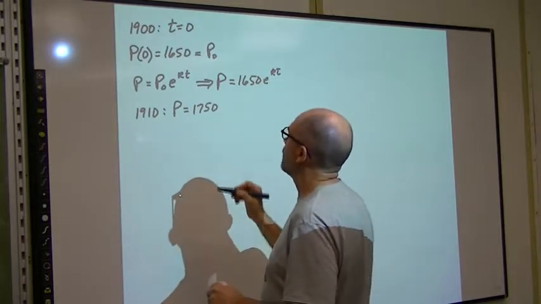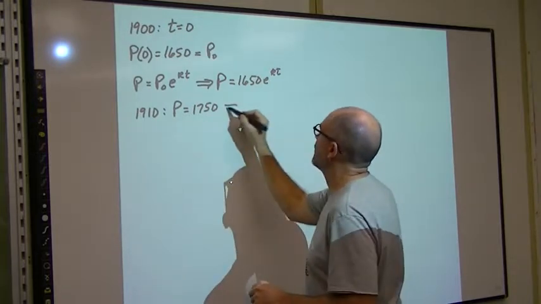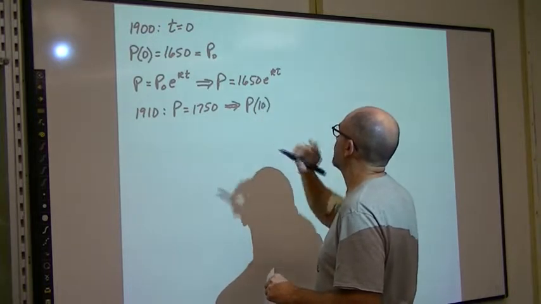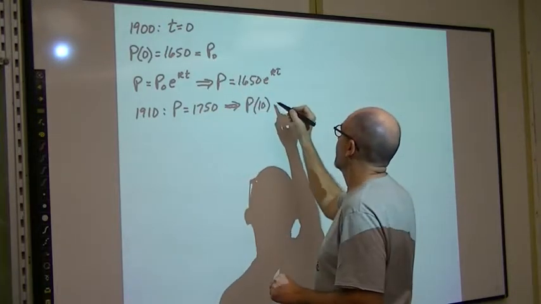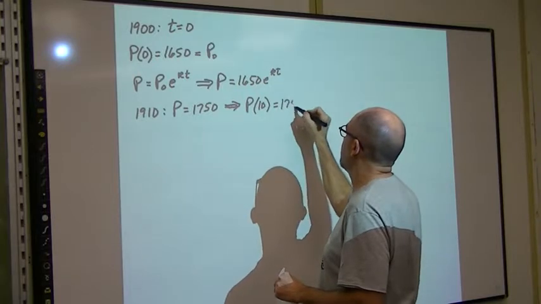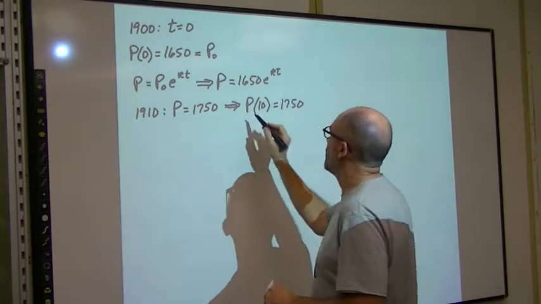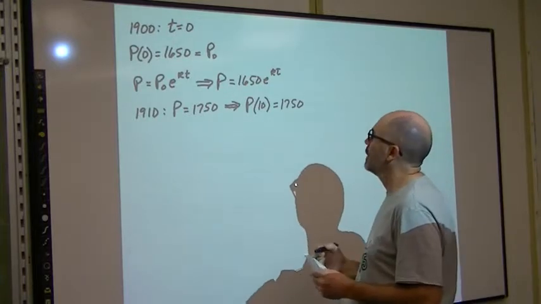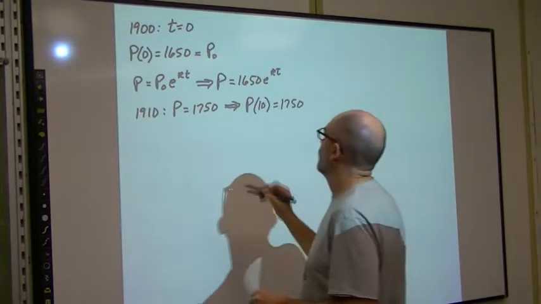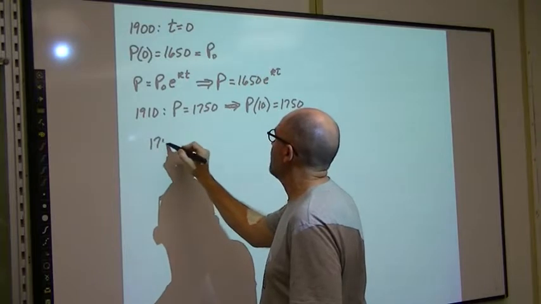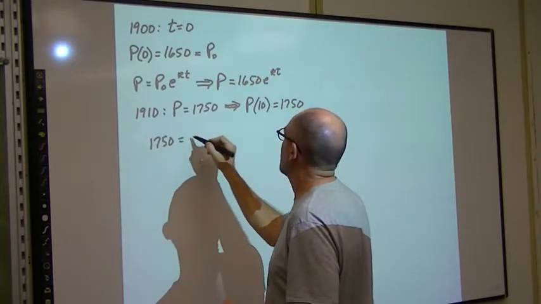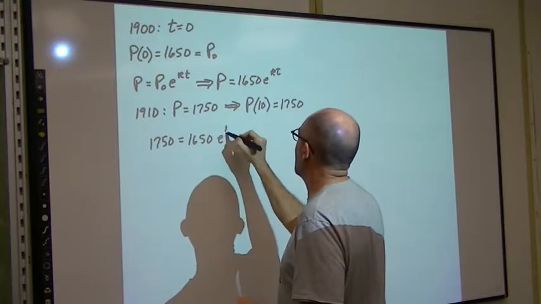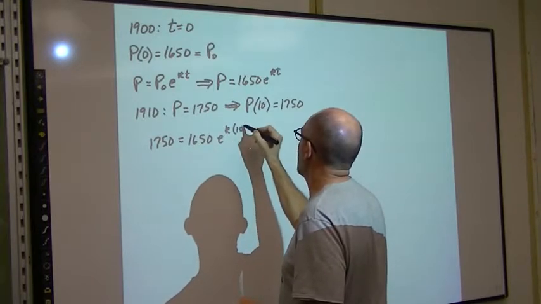So that means I could rewrite this as P of 10 years from the beginning equals 1750, or the population when t equals 10 is 1750. Okay, so let's plug that in here. So we've got 1750 equals 1650 e to the k times 10.